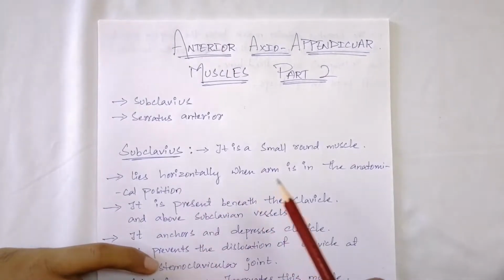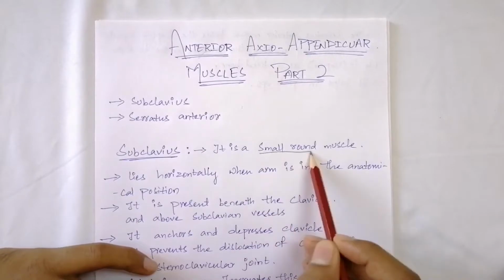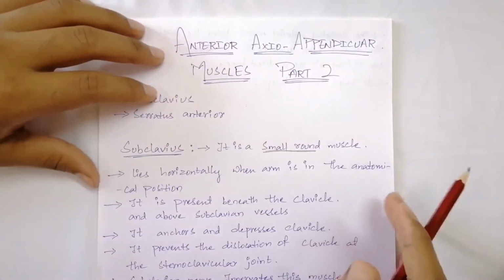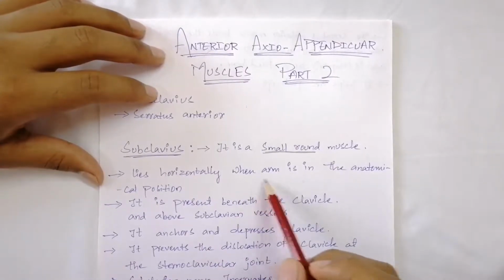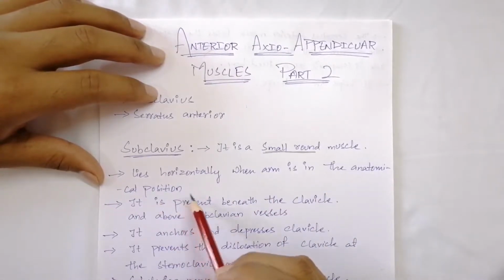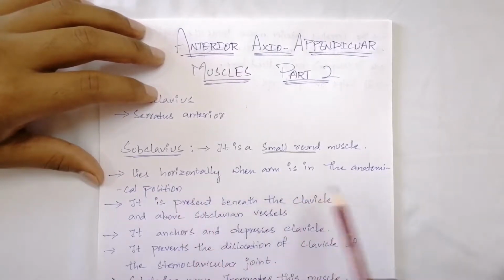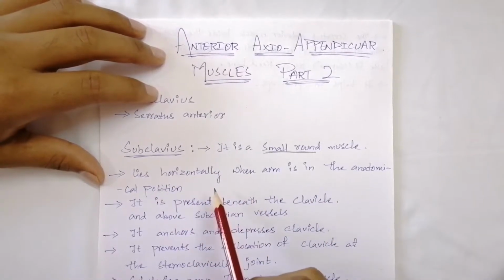Subclavius muscle is a small round muscle present just below the clavicle, and it lies horizontally when the arm is in the anatomical position. And you might know what the anatomical position is.